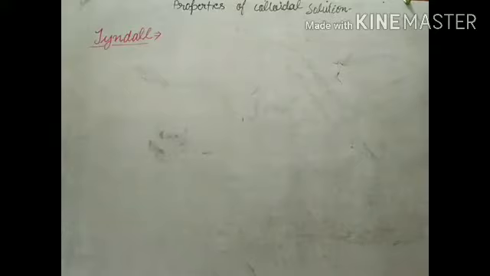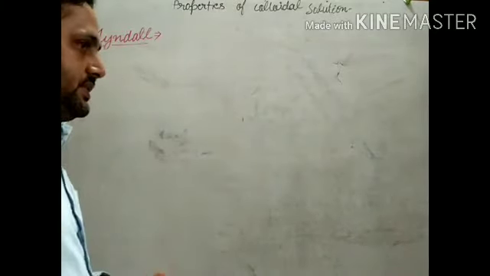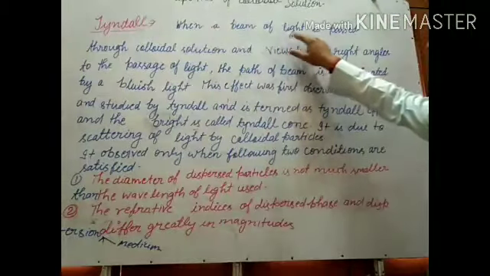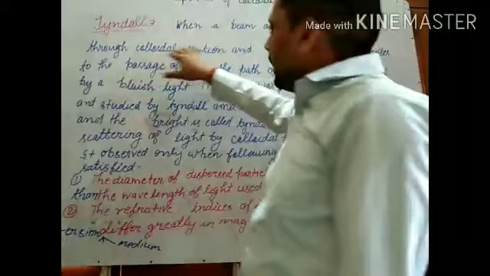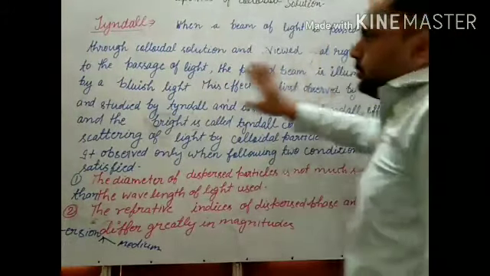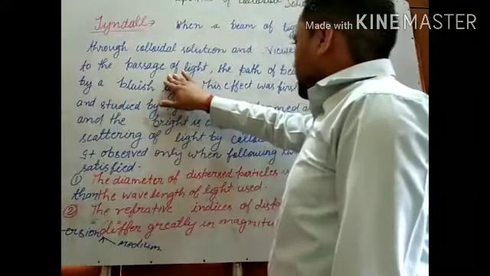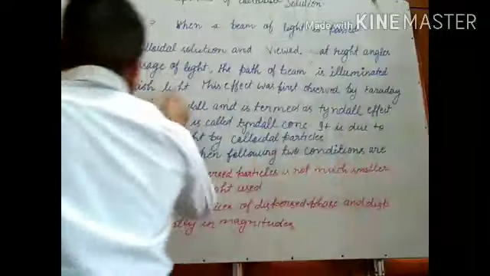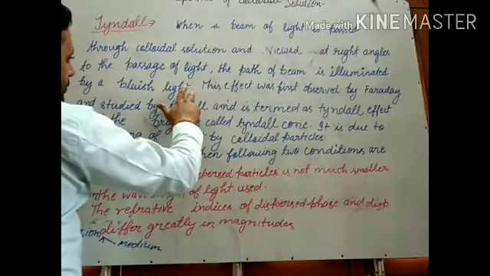We have just discussed what the Tyndall effect is, so let me write it down. When a beam of light is passed through a colloidal solution and viewed at right angles to the path of light, the path of the beam is illuminated by a bluish light.